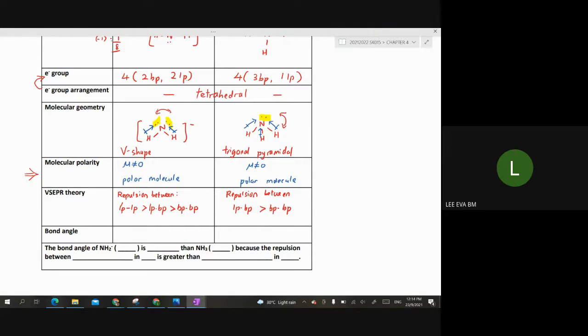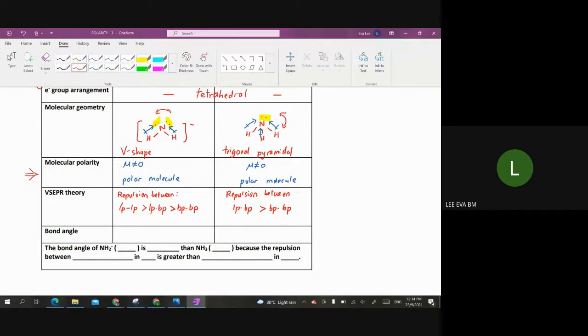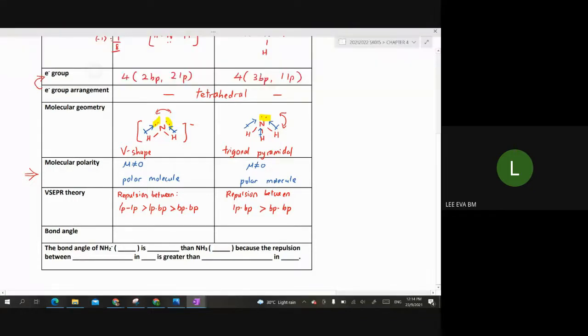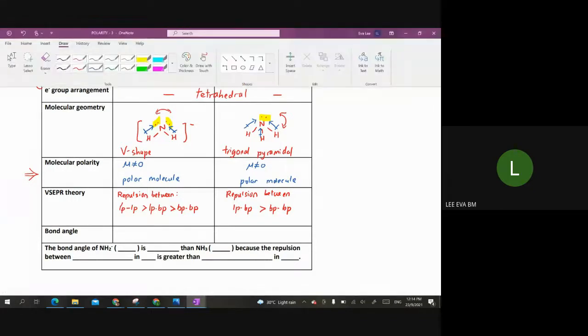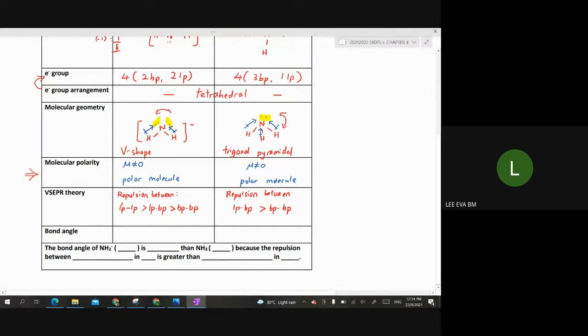Okay, bond angle for this one. Just now, madam told you that H2O has a bond angle of 104.5, because you have 2 bonding pair and 2 lone pair. Here, NH2 negative is similar to H2O, so we will write down 104.5 degree.